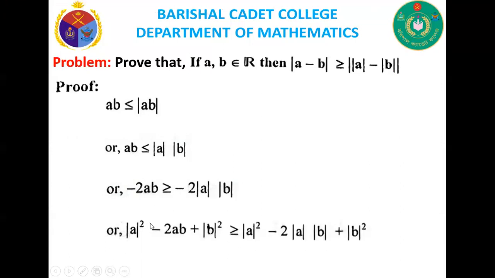Then adding modulus of a square plus b square on both sides, we get modulus of a square minus 2ab plus modulus of b square is greater than or equal to modulus of a square minus 2 into modulus of a into modulus of b plus modulus of b square.